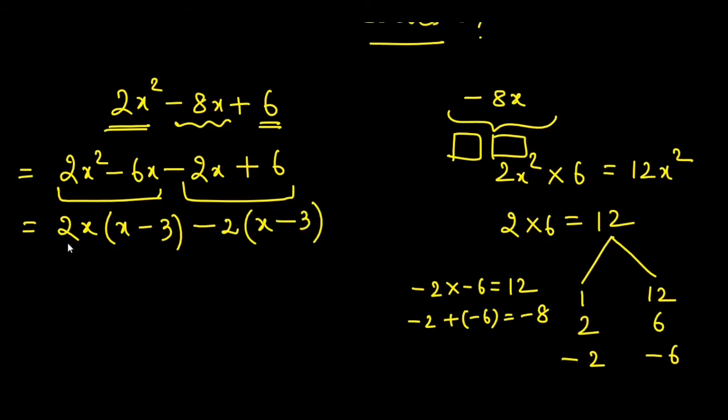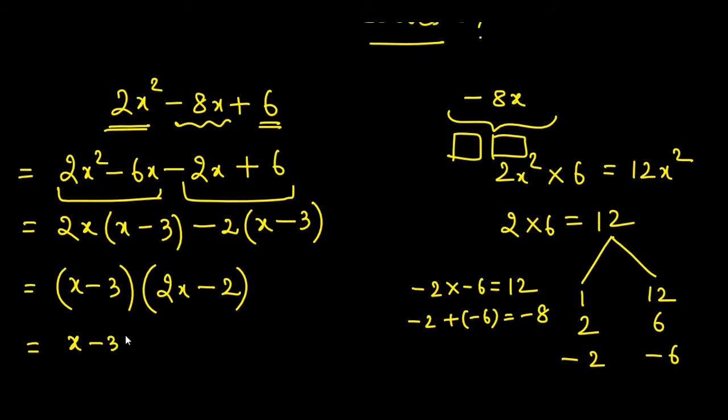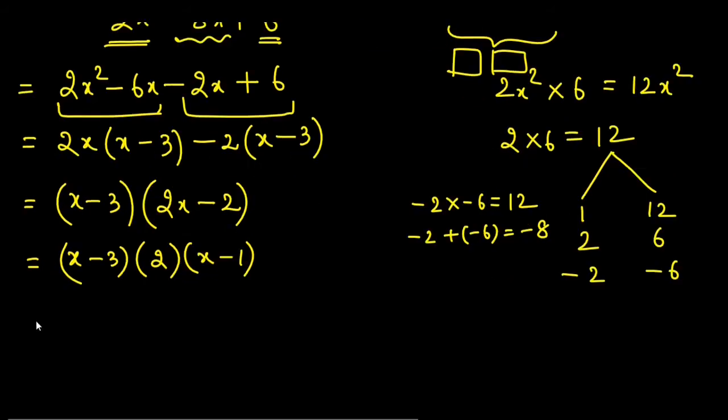So in these two groups, x minus 3 is a common factor. Taking x minus 3 as common, we get x minus 3 into 2x minus 2. In 2x minus 2 also, we can take 2 as a common factor. So this becomes x minus 3 into 2 into x minus 1, which is equal to 2 into x minus 3 into x minus 1.